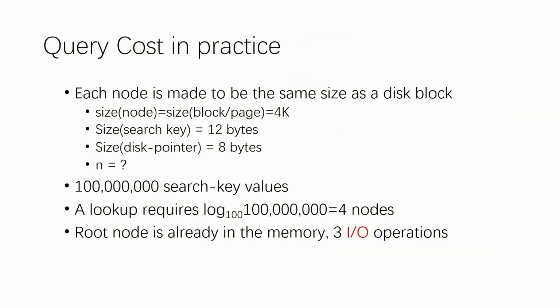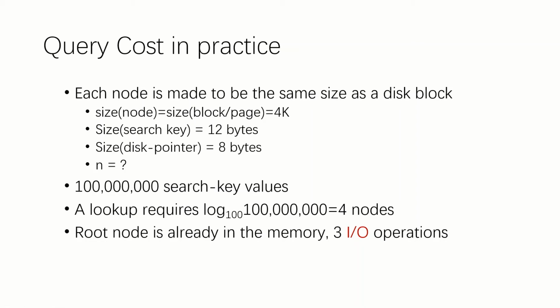The next very big screw up was this question. Initially I did think that we should have 200 here, but apparently not. So maybe to put the entire thing in context, we have 100 million search key values, which means that my n is equal to 100 million.